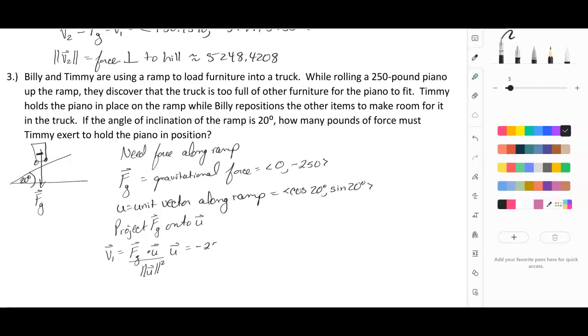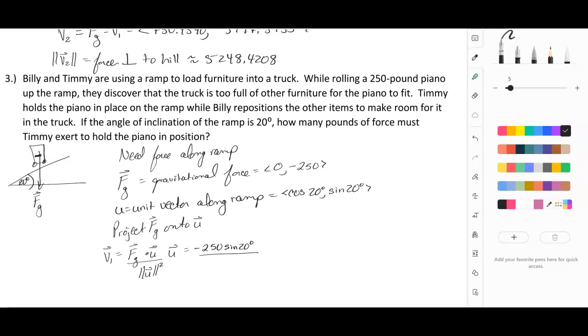So we have negative 250 sine of 20 degrees as my dot product. We know the magnitude of U is 1, so the magnitude squared is 1.